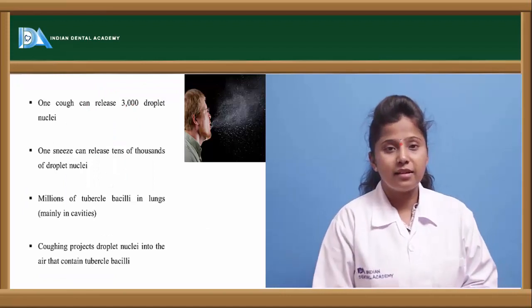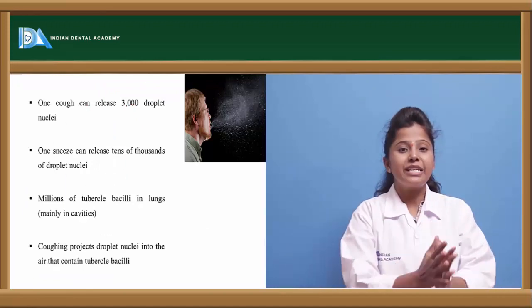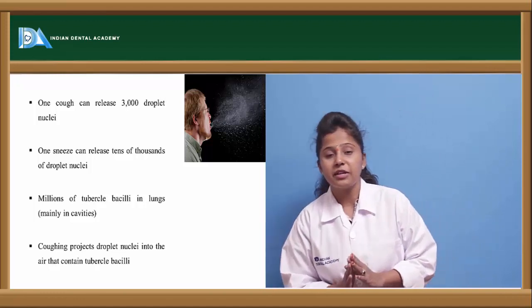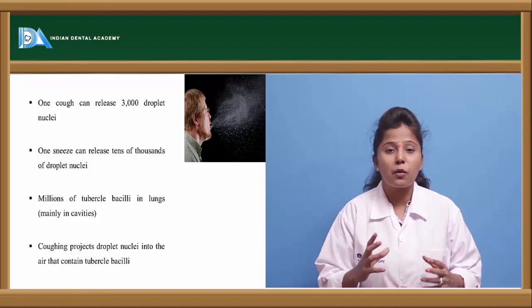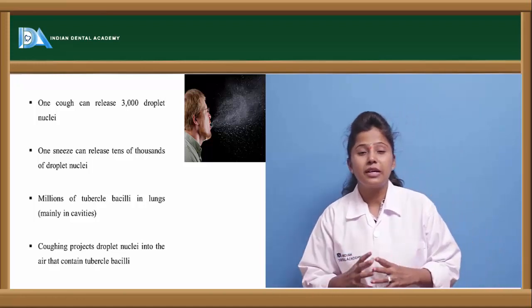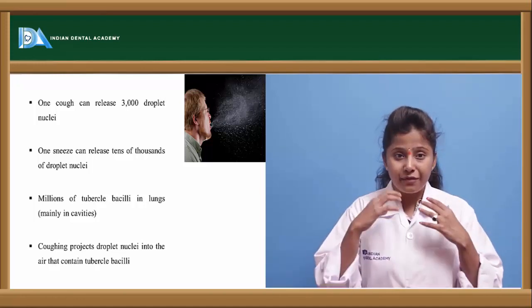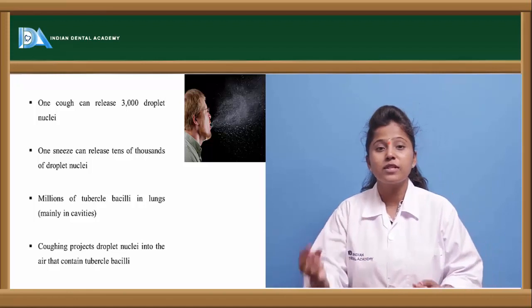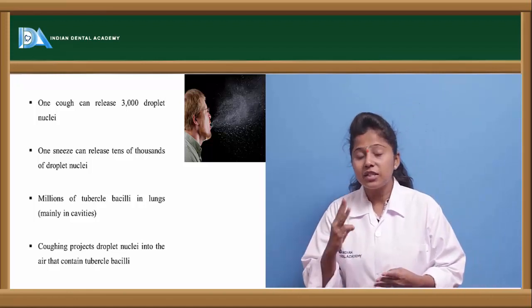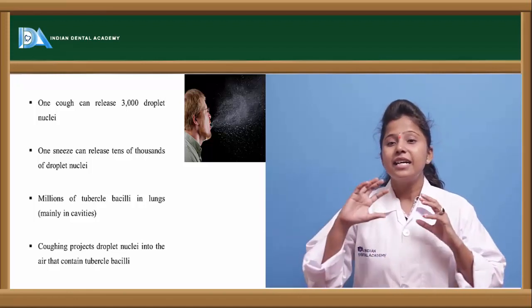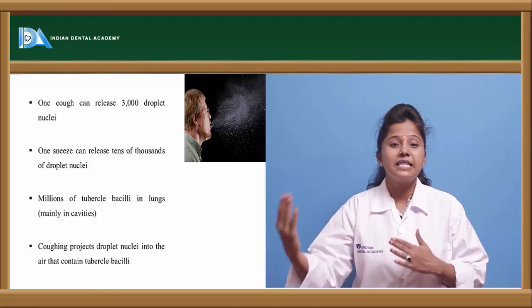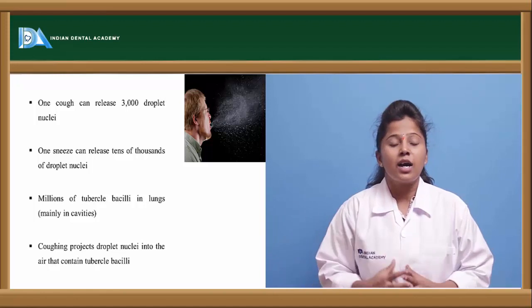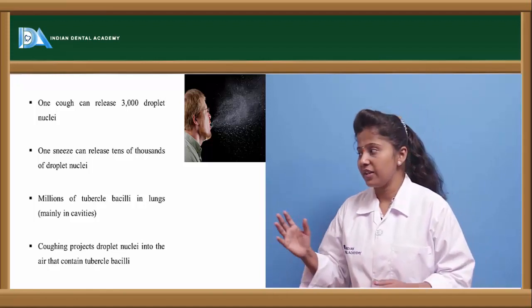If an infected person coughs, almost 3,000 droplet nuclei are present. Almost 3,000 nuclei of bacteria are spreading into the air. Then imagine, if a healthy person stands in front of that infected person, how very easily the infection is transmitted.